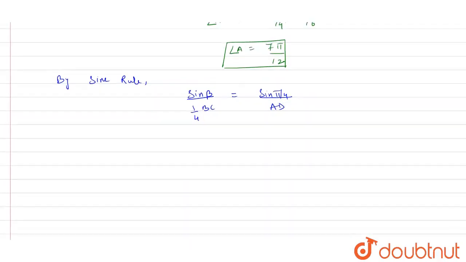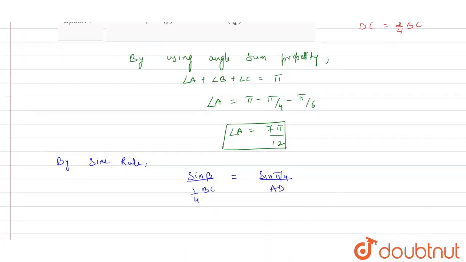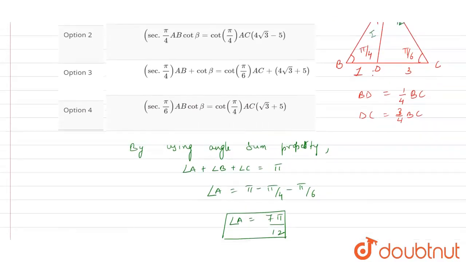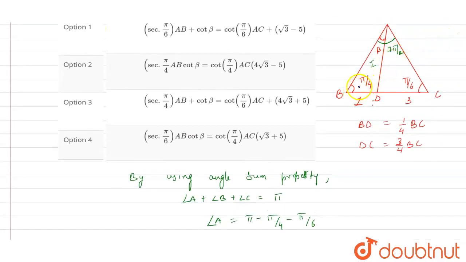Let me show you once again how I have written this expression, sine beta upon 1/4 BC. This is angle beta, so sine beta upon the opposite side. What is the opposite side? It is BD. And what is the length of BD? It is 1 by 4 BC. That's how I have written the LHS of the equation. Now for the RHS, I have written sine pi by 4 upon AD.